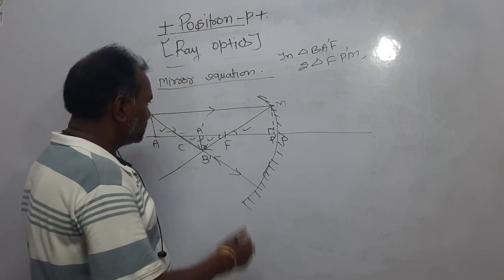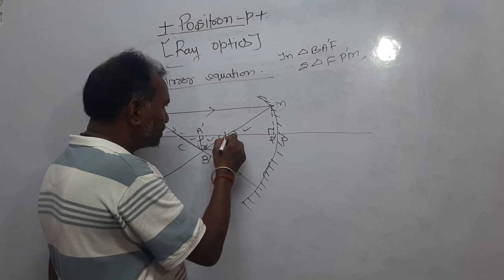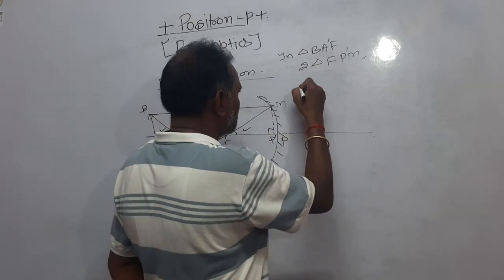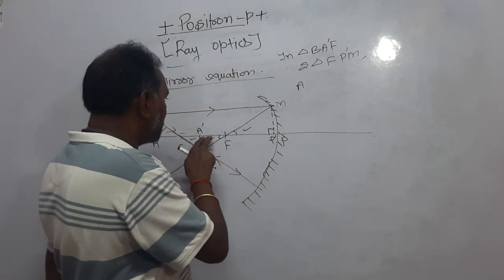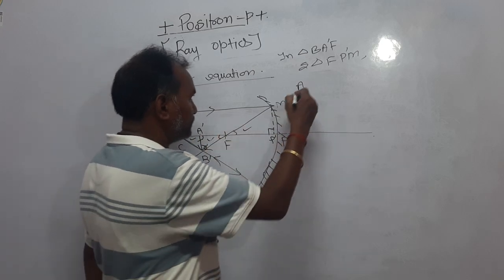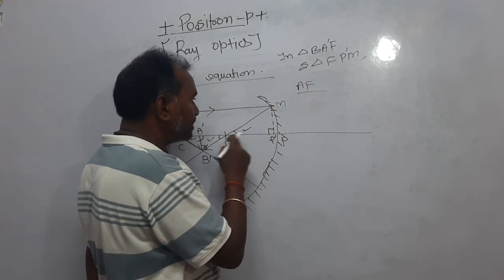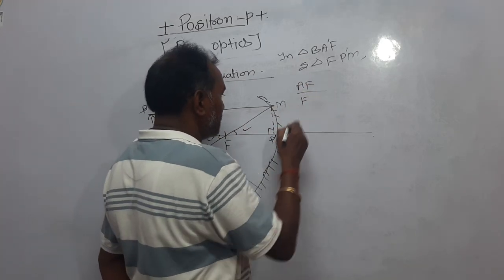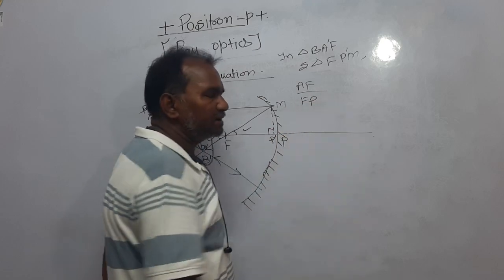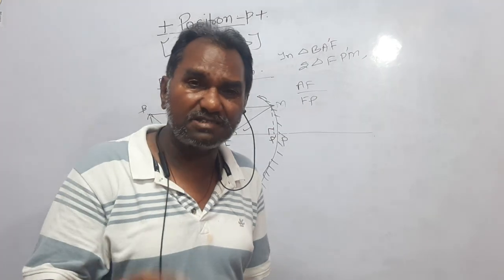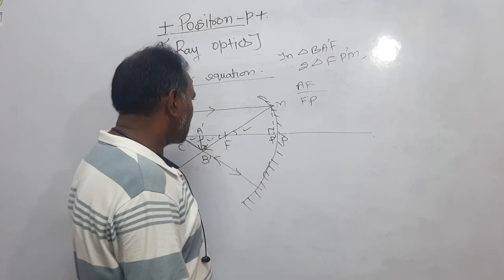What I have taken is the base of this divided by the base of this. Now, the base of this triangle is AF, divided by the base of this bigger triangle, FP. FP dash, or you can write FP, because P dash is very close to P, right?